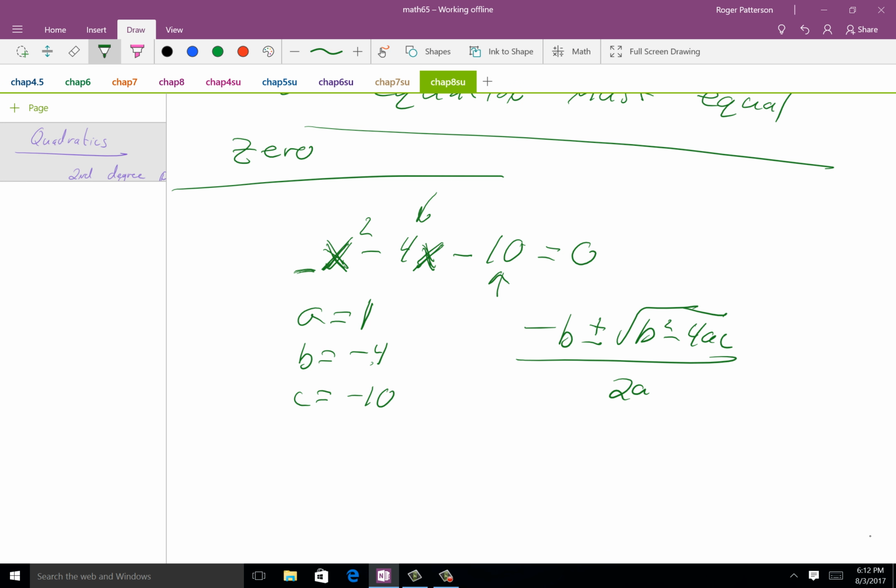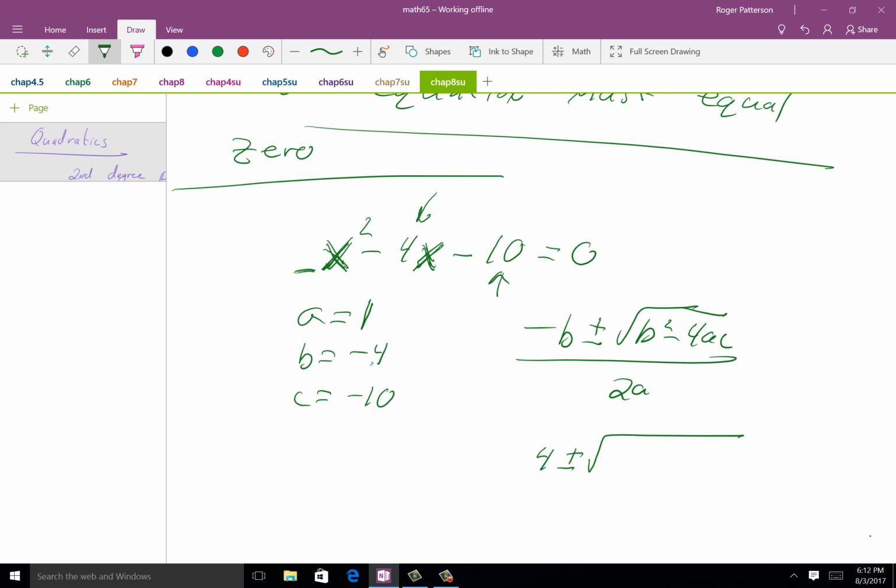So I'm going to take the negative 4 and put it into here. I have to take the opposite of it. It's already a negative 4, so the opposite is going to be positive. Then what I like to tell people is take the negative 4, or whatever b is, and square it in your head.